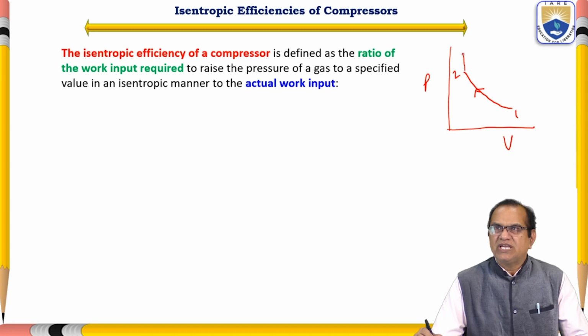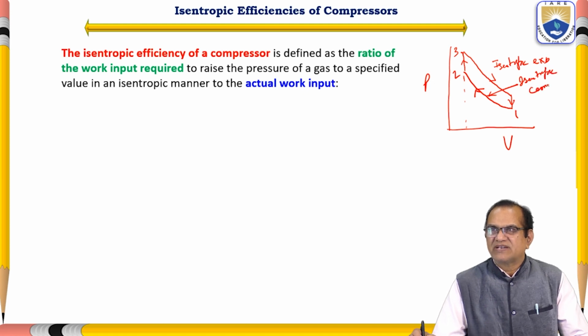Then 2 to 3 is the isochoric heat addition. Then this is the isentropic expansion, and this is the isochoric heat rejection.